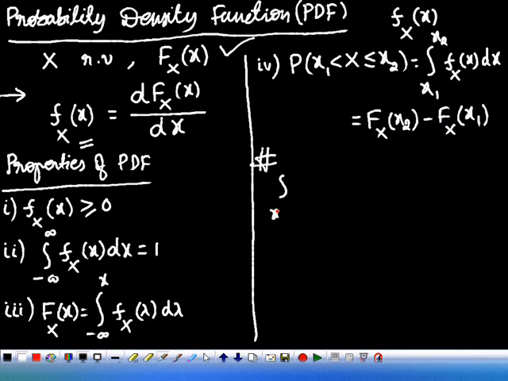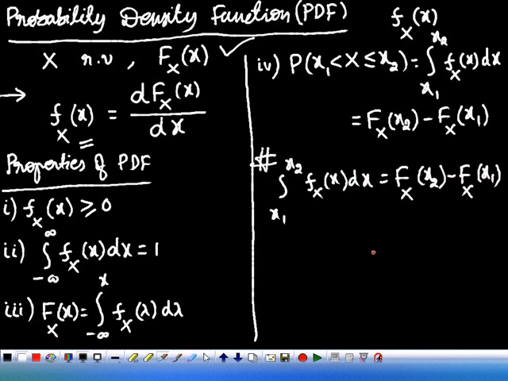Now let us see this property. Here the integral x1 to x2 of fX(x) dx is equivalent to FX(x2) minus FX(x1). Is it right?